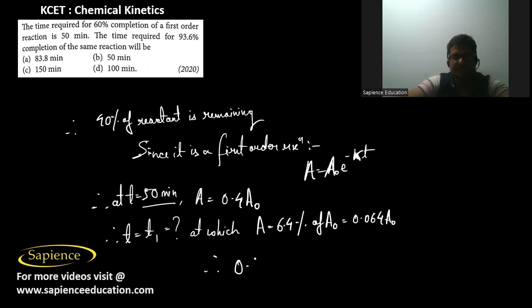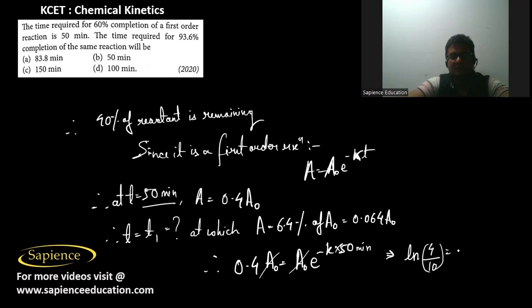0.4 A naught equals A naught into e power minus k into 50 minutes. So from here we can find out the value of the rate constant k in minute inverse. A naught will cancel. Then we can say ln 0.4, that is ln 4 by 10, equals minus k into 50.